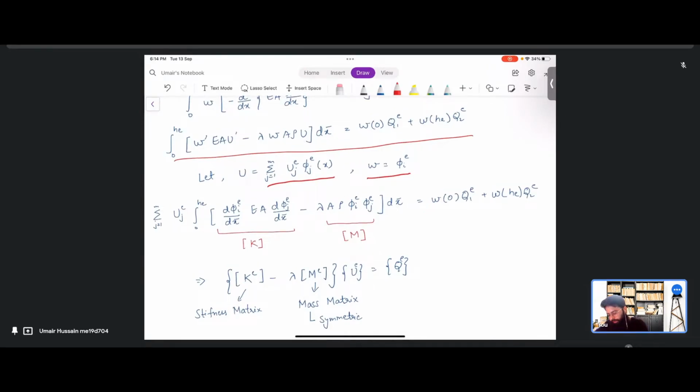So here this first matrix is known as the stiffness matrix, just like the usual matrix we have. But there's another matrix which is the coefficient of the eigenvalue lambda, which we call the mass matrix.